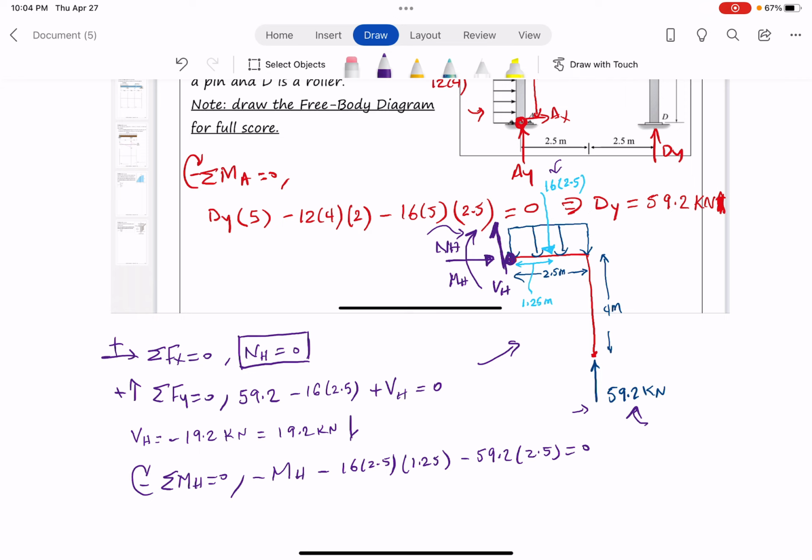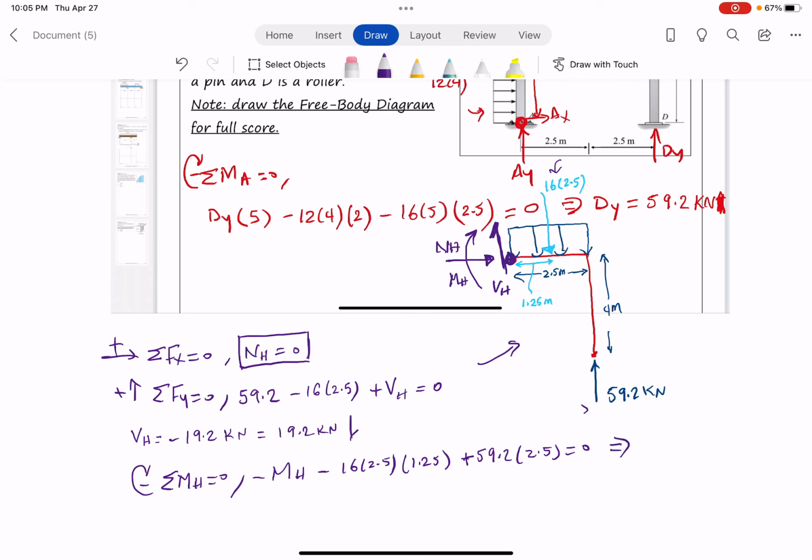Let's look at this. Hold on, this is going to be positive, because this is going to produce a positive moment. Yes, of course, the other one is negative. So this is 59.2 times 2.5 minus 16 times 2.5 times 1.25.